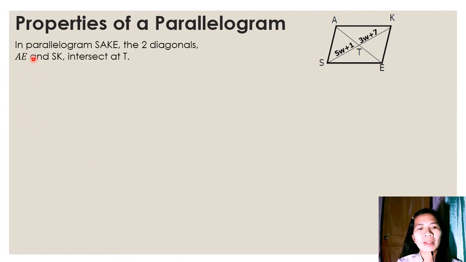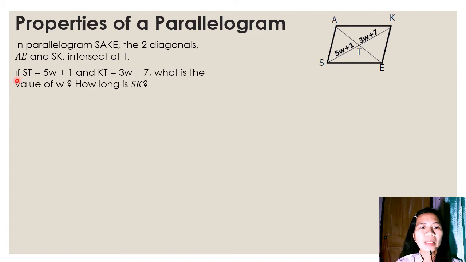So we have here another example. In a parallelogram SAKE, the two diagonals, segment AE and segment SK, intersect at T. If segment ST is equal to 5W plus 1 and segment KT is equal to 3W plus 7, what is the value of W?